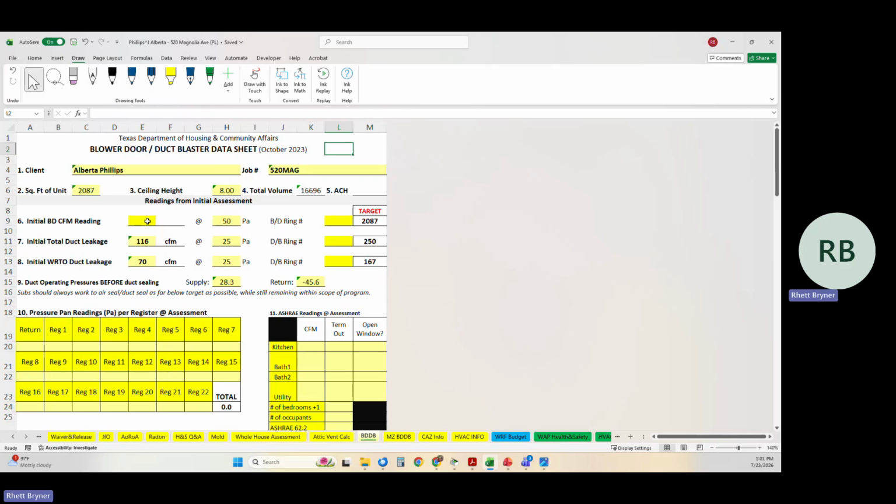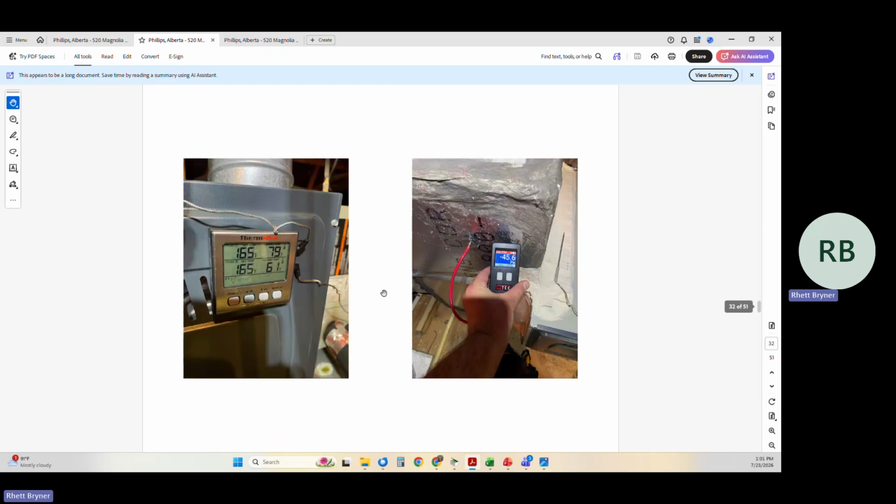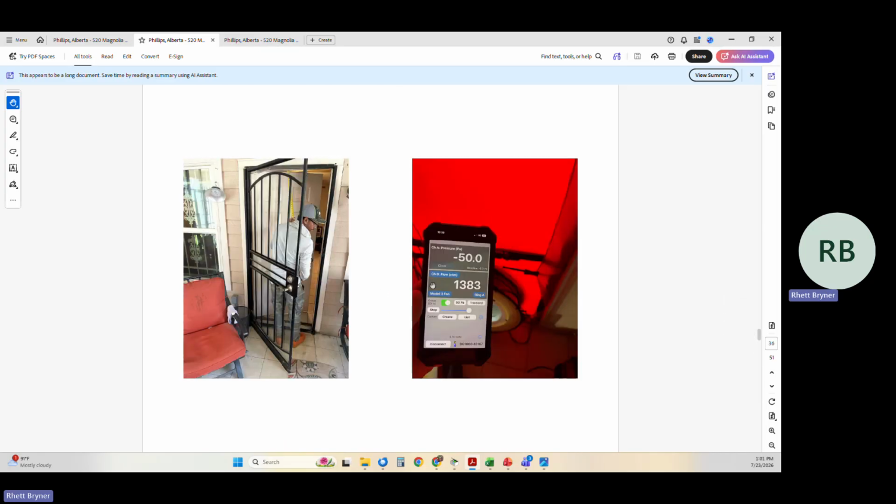All right, so to get our blower door number, we're going to go to our photo report, and then you're looking for this big red door. I always do this photo like this so it's easy to see. You can see this is at -50.